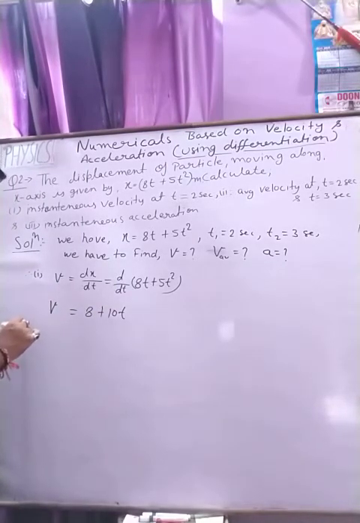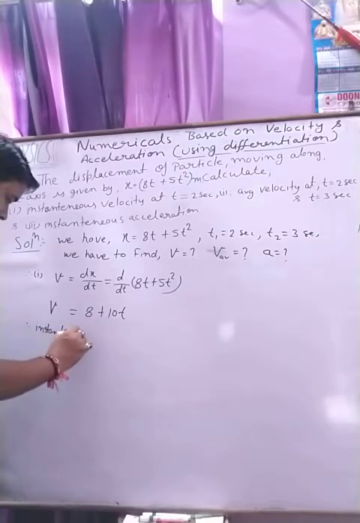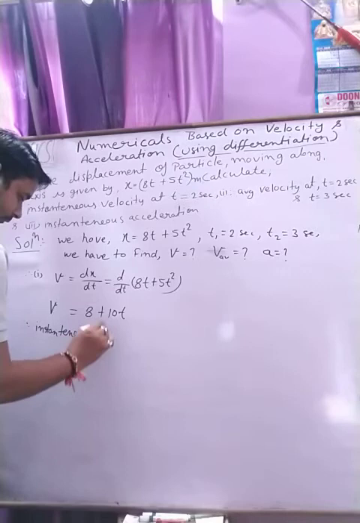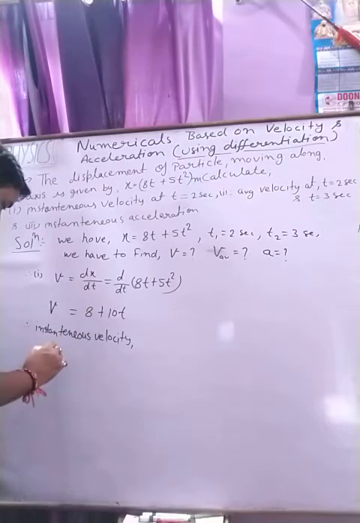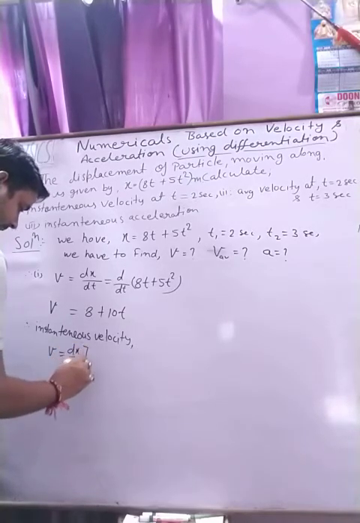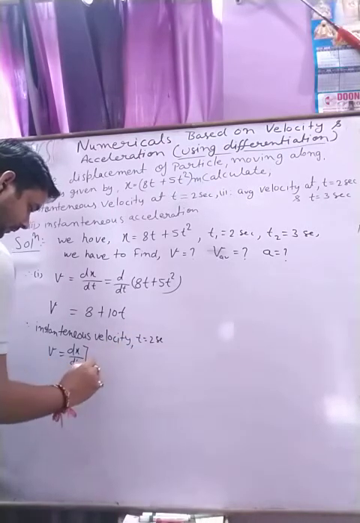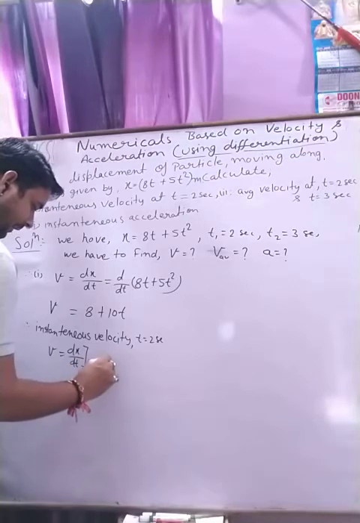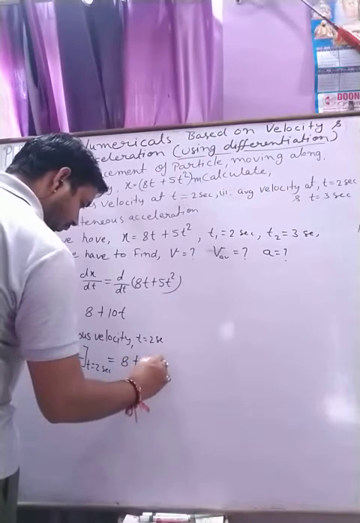Therefore instantaneous velocity v is equal to dx over dt at time t equal to 2 seconds is 8 plus 10 into 2.